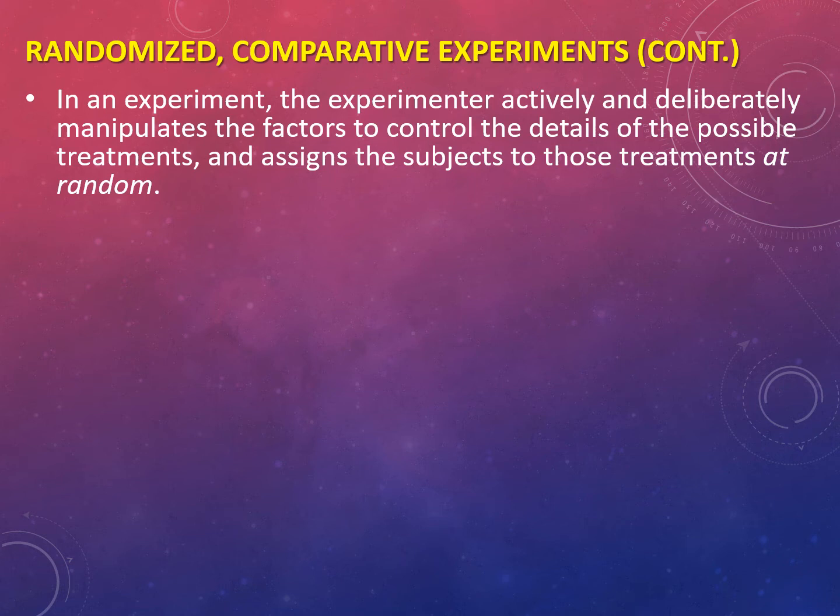They are purposefully, actively, deliberately choosing to change certain things within the study, changing the factors. That could be the level of a medication, it could be the frequency, it could be how much light a plant gets, it could be where a house is situated on a street, but you are controlling certain aspects and looking to see how that affects the outcome.